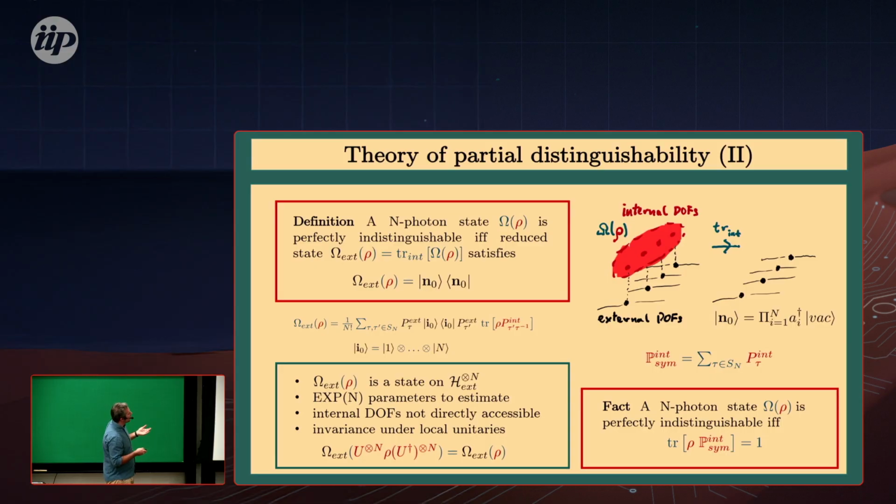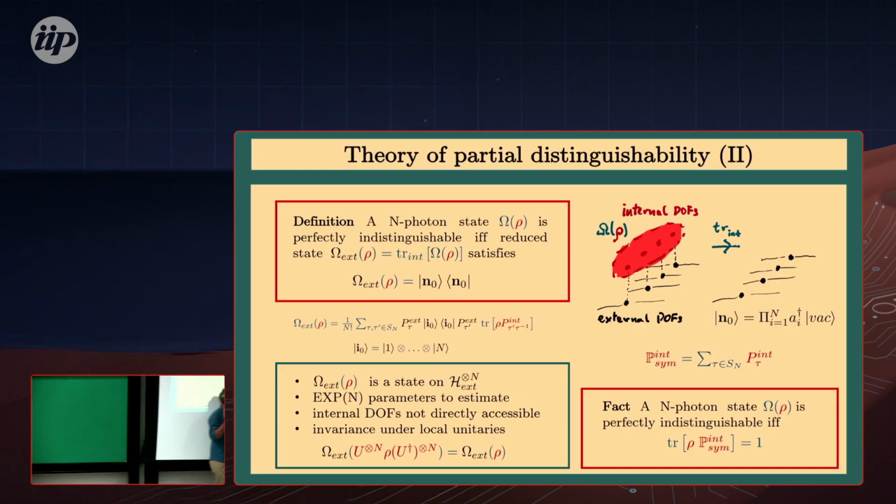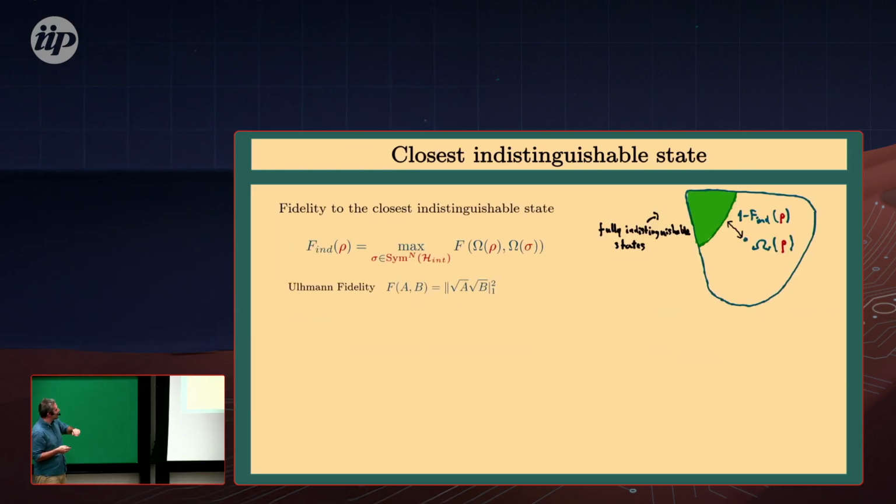Okay, what is here? I forgot 1 over n factorial. Sorry for that. So I have the fact that this photonic state of many particles is perfectly indistinguishable if and only if its internal part is fully symmetric. Okay, some mathematical characterization for now.